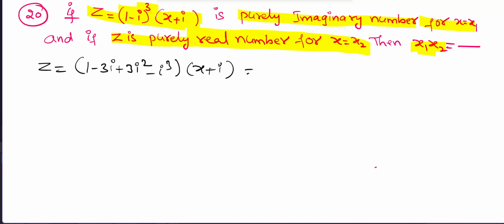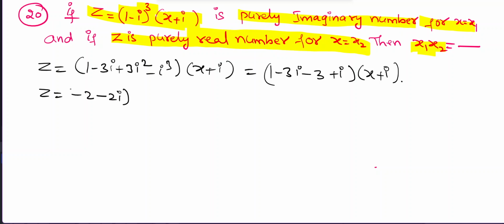This is equal to 1 minus 3i. i square is minus 1, this is minus 3. i cube is minus i, so minus i cube is plus i, into (x plus i). So Z is equal to 1 minus 3, minus 2i, that is minus 2 minus 2i, into (x plus i).